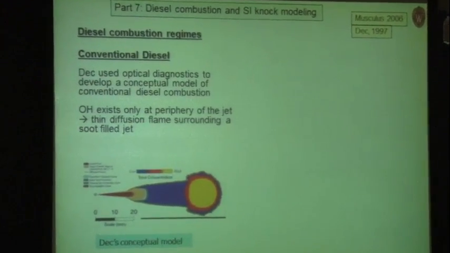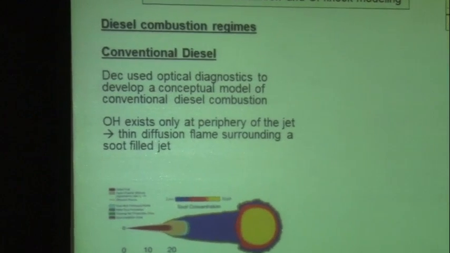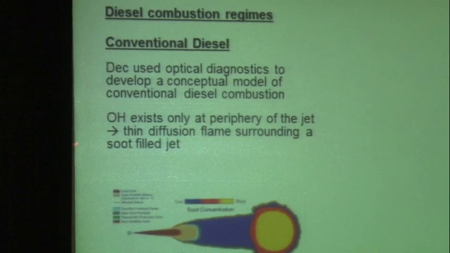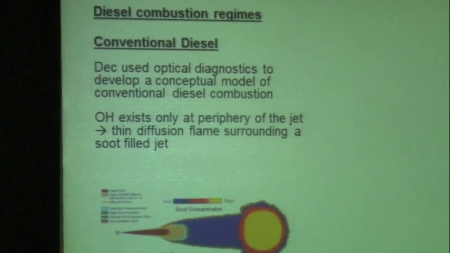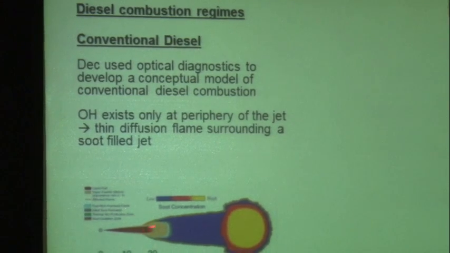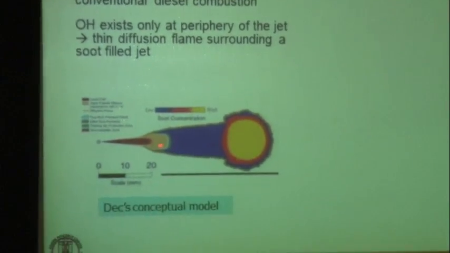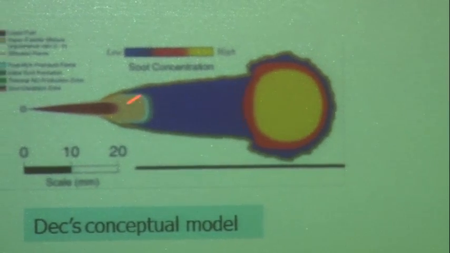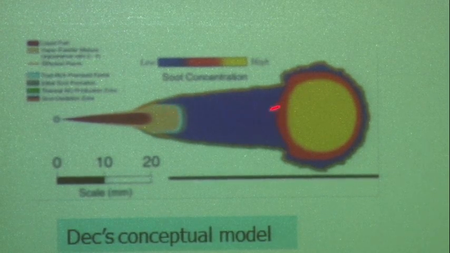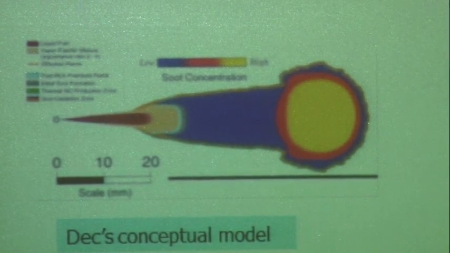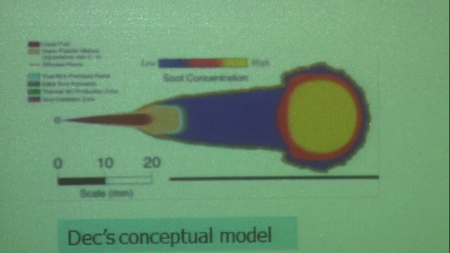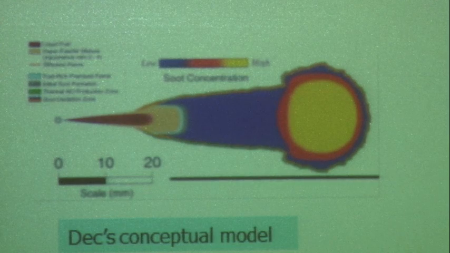So if we look back at the diesel combustion regimes and look in a little more detail at conventional diesel, as I mentioned, John Dec used optical diagnostics, and what he discovered was that he could identify this low temperature combustion or first phase combustion regime where there's very little heat release, followed by a region where you would have aldehydes and PAHs developing, and then your soot.